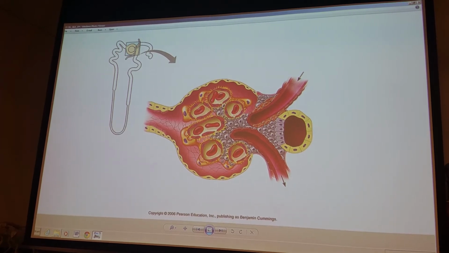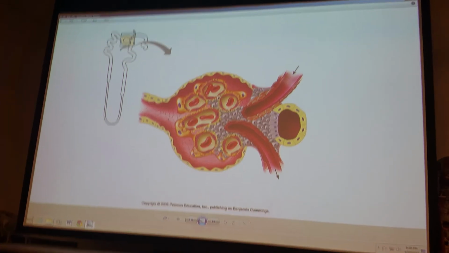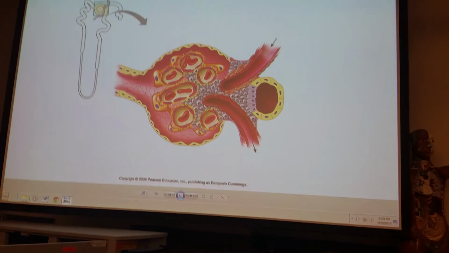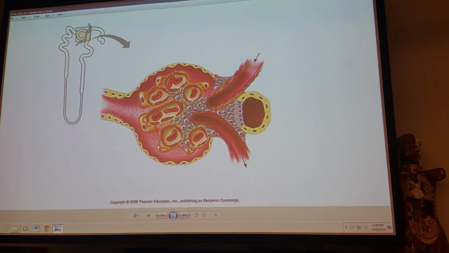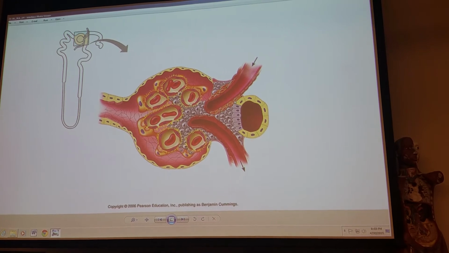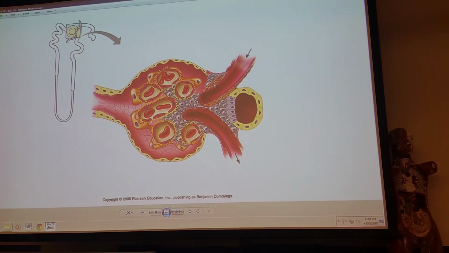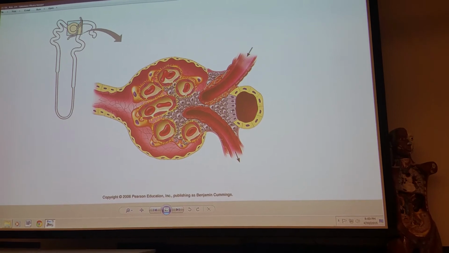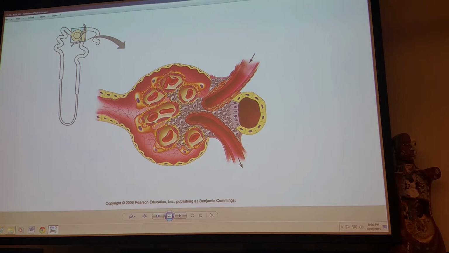What are these cells? Macula densa cells. And these cells around the afferent arteriole are called what? Granular cells, or sometimes called granulosa cells. Together they make up what structure? The juxtaglomerular apparatus, yes.